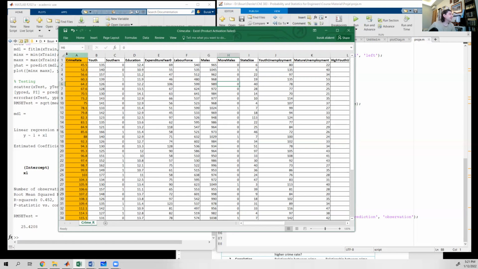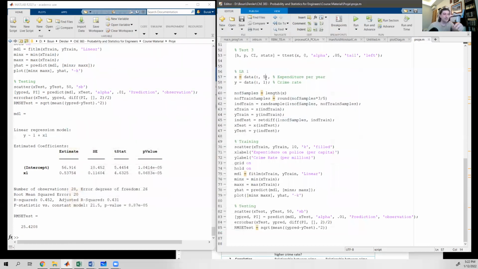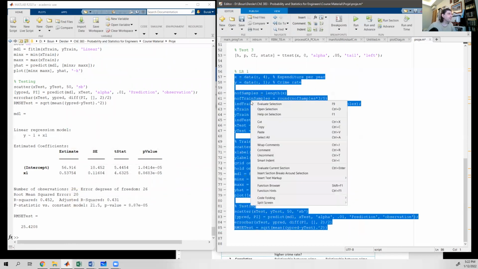I'm sure that since popular culture gives people the idea that more education means less crime rate, right? If we regress the fourth column with the first one, let's see what we are going to obtain.